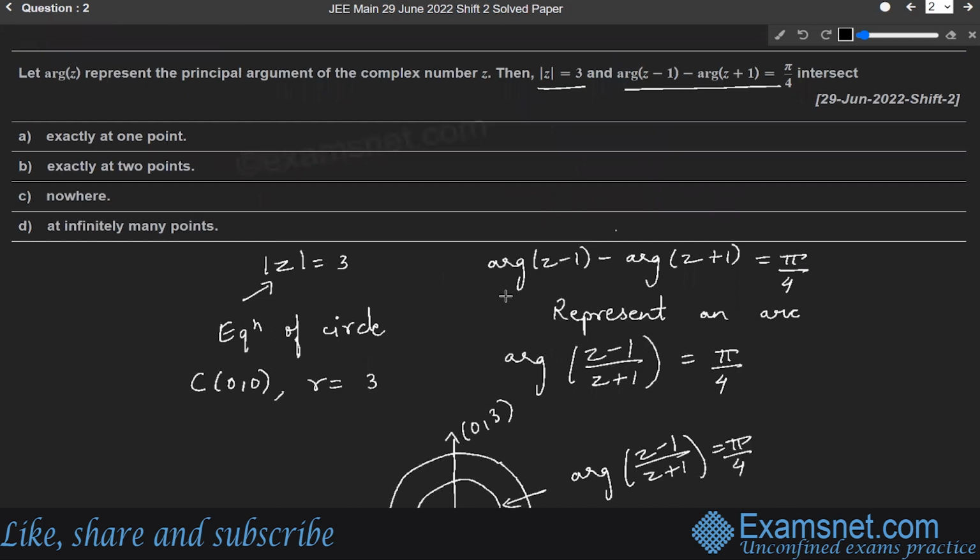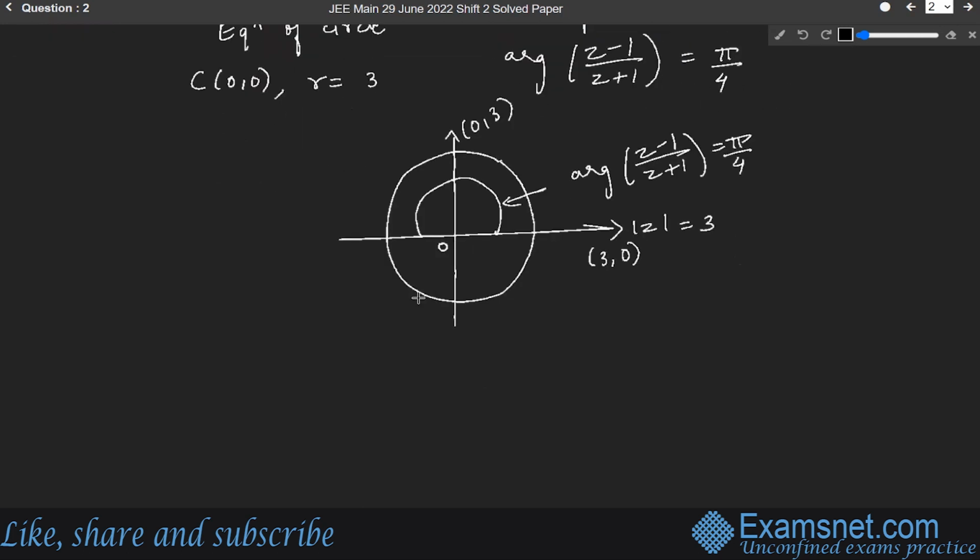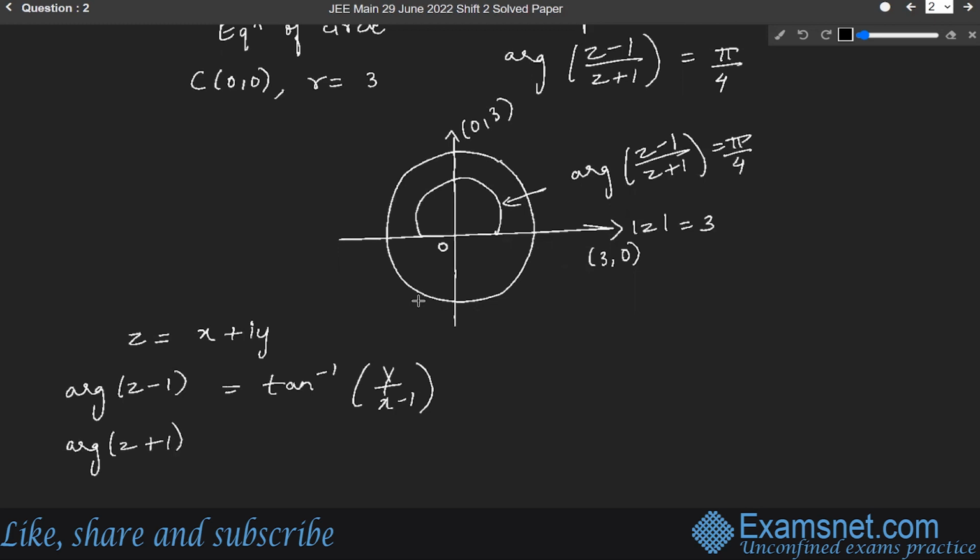If we talk about the complex number z, what is the complex number z? Z is denoted as x plus iy. With respect to this z, argument of z minus 1 will be equal to tan inverse of y upon x minus 1. And argument of z plus 1 will be equal to tan inverse of y upon x plus 1.